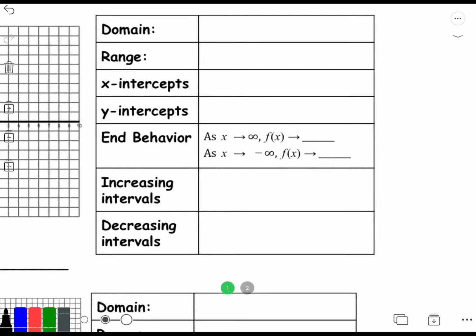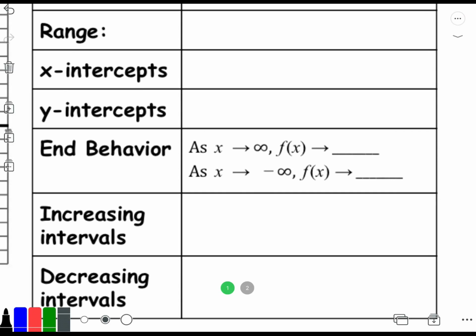Well, if we look at our end behavior section here, what this is saying is as x goes to infinity, y goes to positive infinity. Remember, that's just a fancy way of saying that when our x values are increasing, our y values are also increasing.